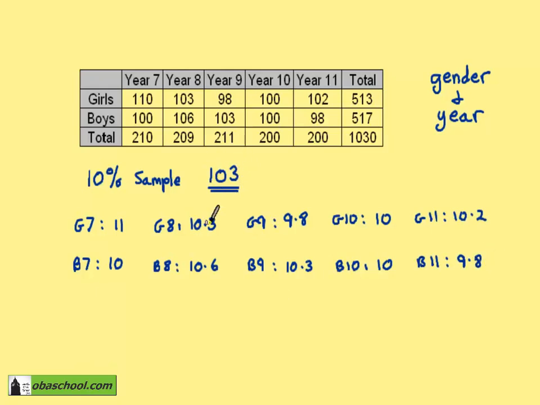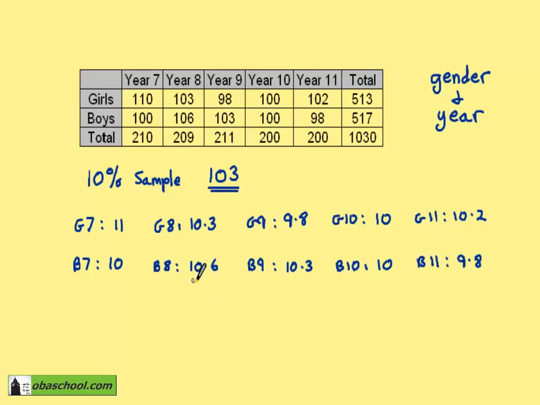We need to get a sample of 103, and we can't have 0.3 of a girl. We need to do some rounding, but the rounding is not always an exact science with these things. If we rounded all of the things that need rounding to the closest whole number, we'd find our sample would be the wrong size. We might decide to do this, or we might decide to keep the sample at 103 and round a little differently.